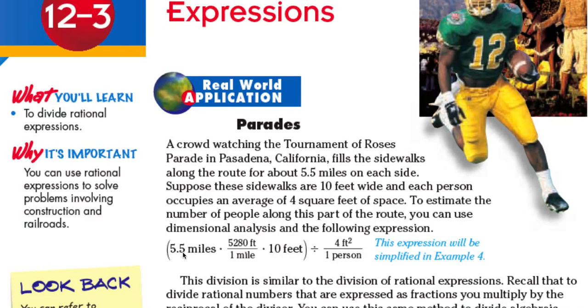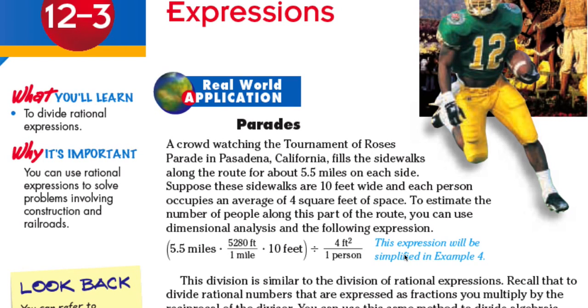So you have 5.5 miles multiplied by 5,280 feet per mile times 10 feet, because that's the width of your sidewalk, and you divide that by 4 square feet per one person. This is the area covered by one person, and we will simplify this in example 4.